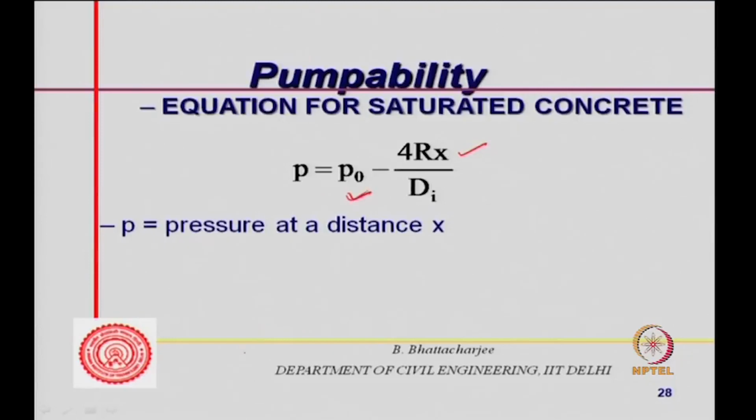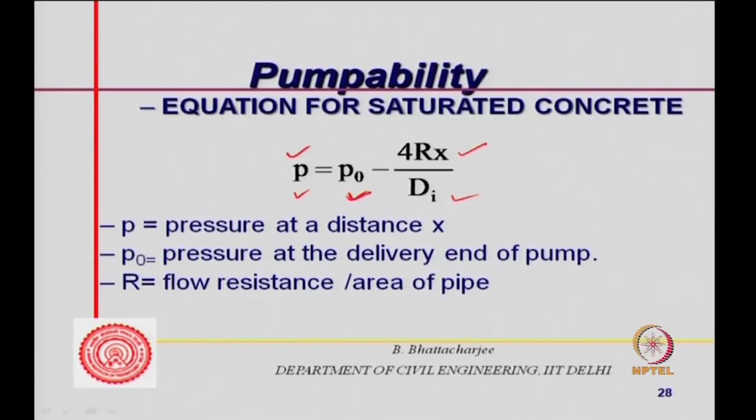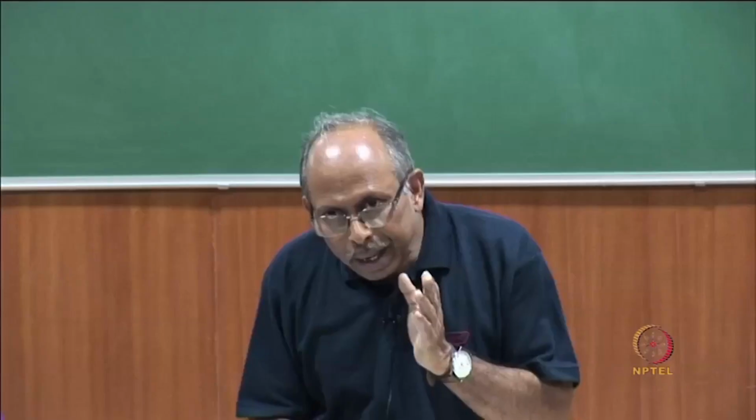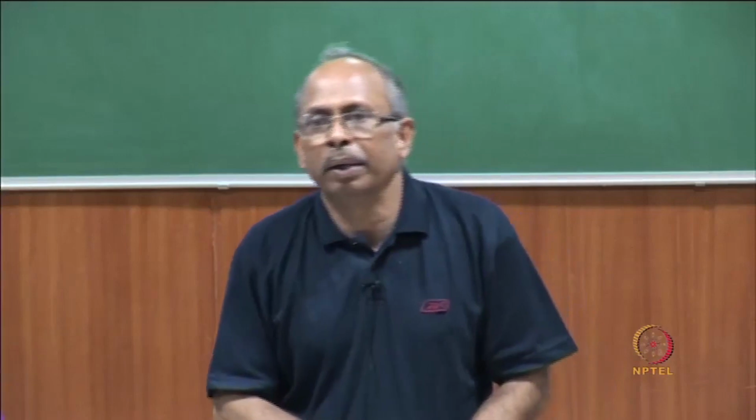P is the pressure at distance x, P 0 is the pressure at the delivery end, d I is the pipe diameter, and R is the flow resistance per unit area of the pipe. So, the pressure at x distance from the delivery end, one can relate like this.